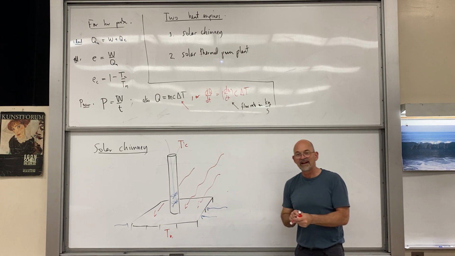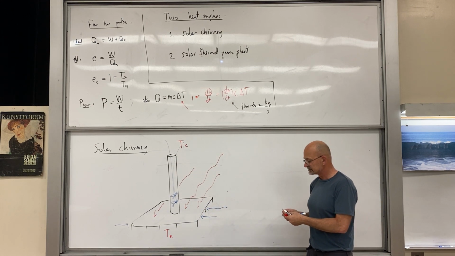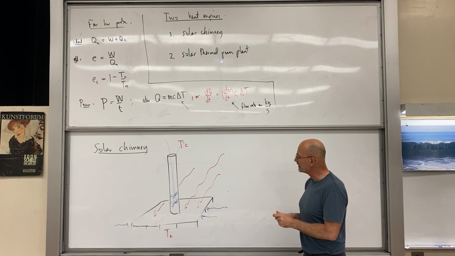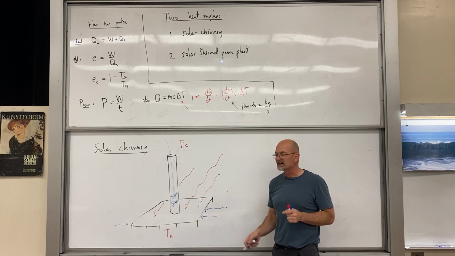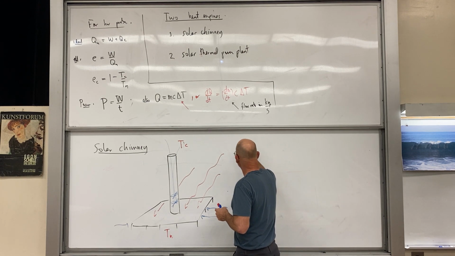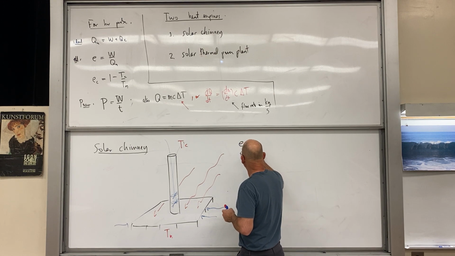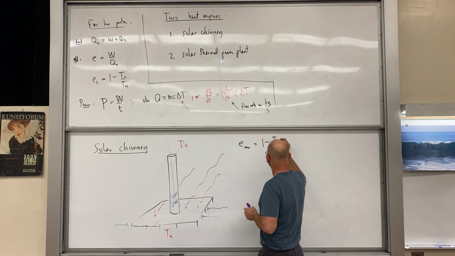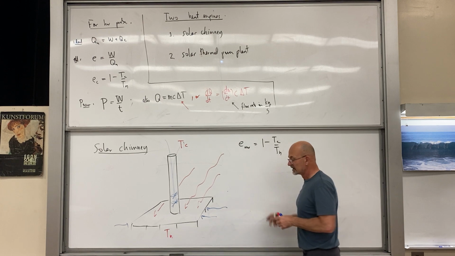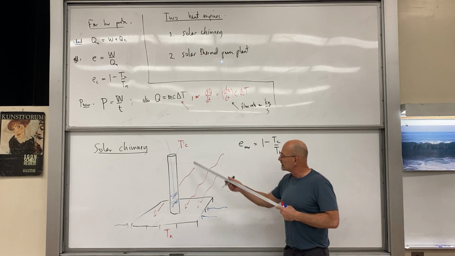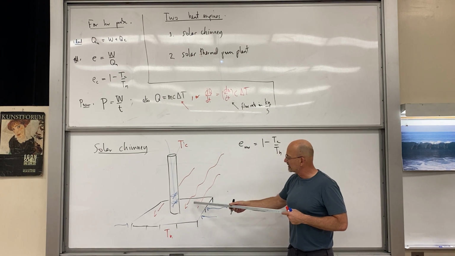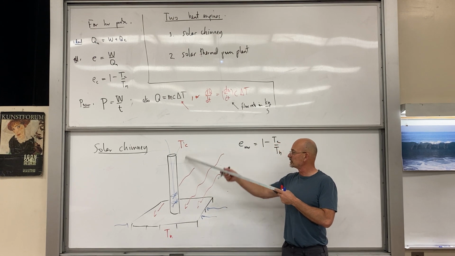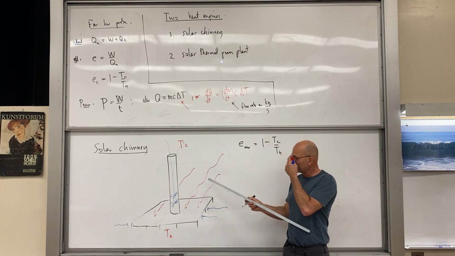So is this a heat engine? Yes, it's a heat engine. What is the maximum possible efficiency of this heat engine? 1 minus Tc over Th. Now this is going to be a pretty small temperature difference because you're up 50 meters, 100 meters, however tall you make this chimney.